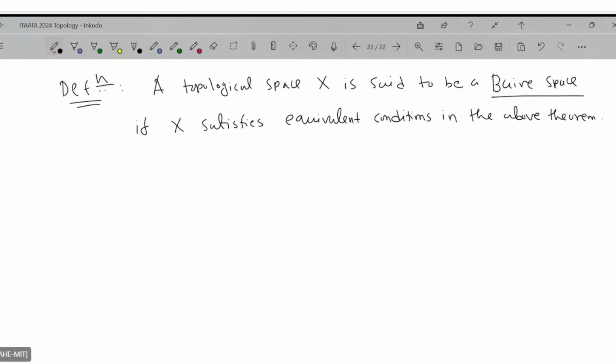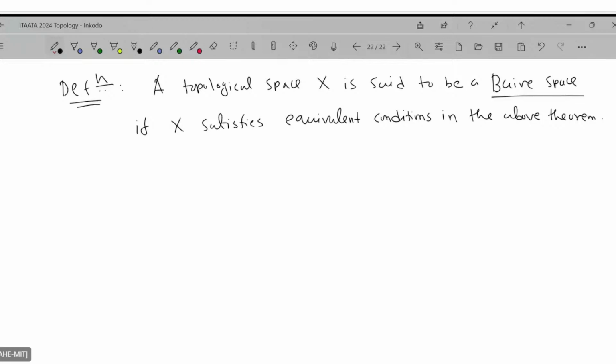By the way, there is a name for a countable intersection of open sets. A countable intersection of open sets is not open in general, but we call this type of set a G delta set. So you will find that definition as well on the internet or in a book.